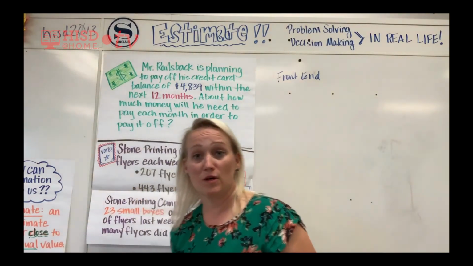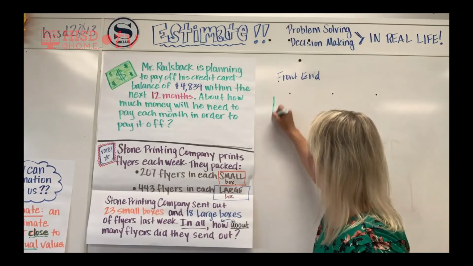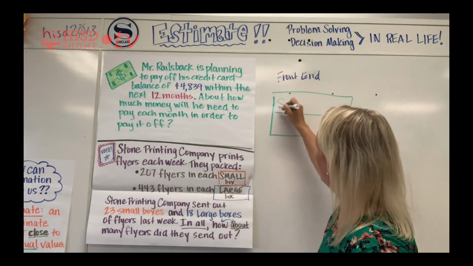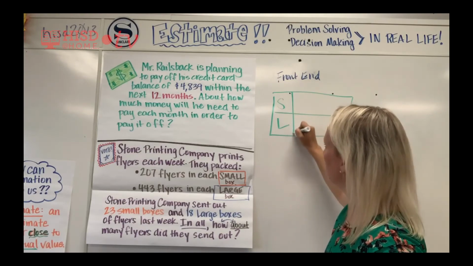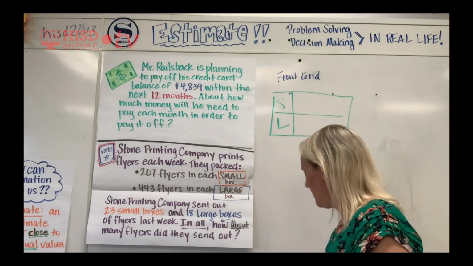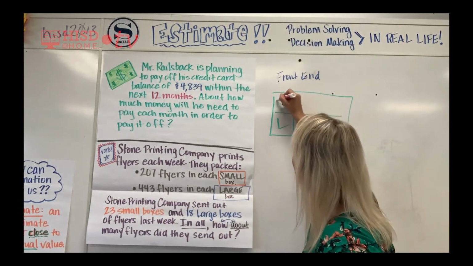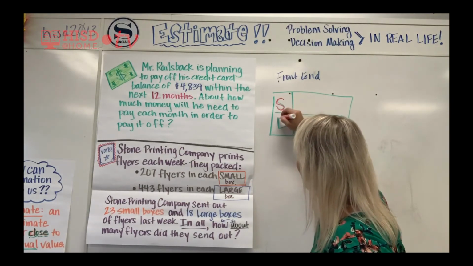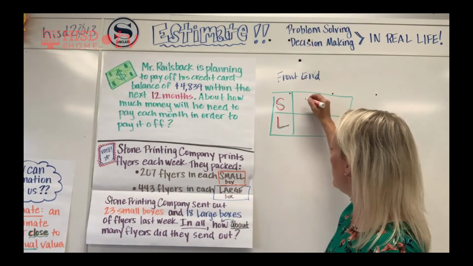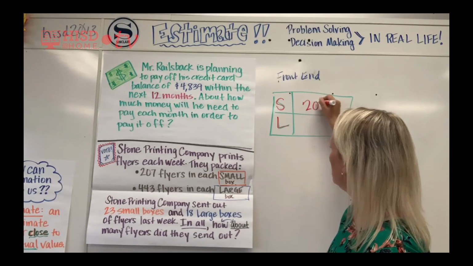In math problems, always organize your data. We're talking about 2 different boxes, small and large. You can abbreviate, that's fine. Small and large. How many flyers do we have in a small box? 207.